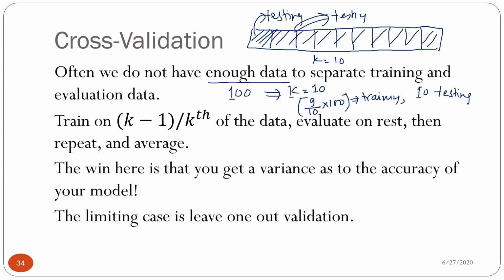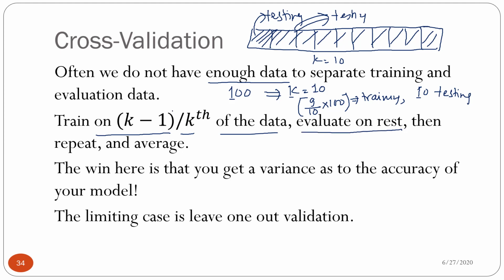And finally you will report the result as the average of your performance. So when we do not have enough data to separate training and evaluation data, we train on k minus 1 by kth of the data and evaluate on the rest, right?